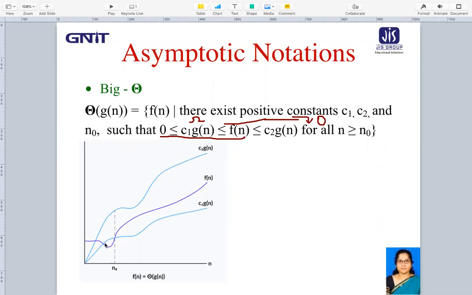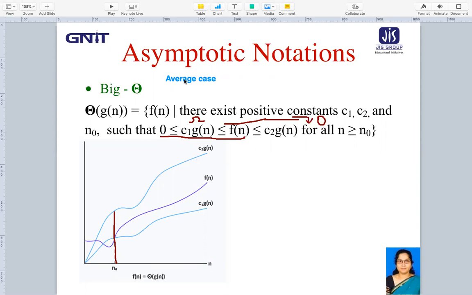So if we look at this diagram, then this is N0. So beyond N0, Fn will be sandwiched between C1Gn and C2Gn. And from here, you can very clearly make out that this is the kind of average case. So the average case running time can be represented by using the big theta notation. Sometimes it is not always so.